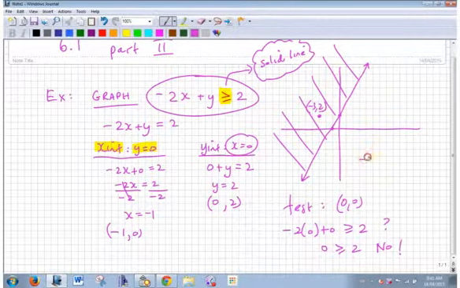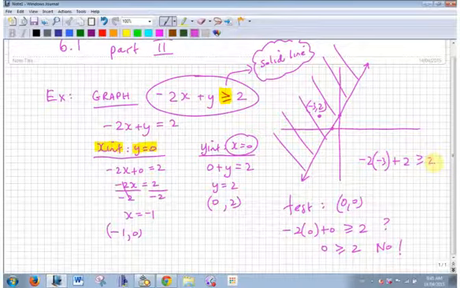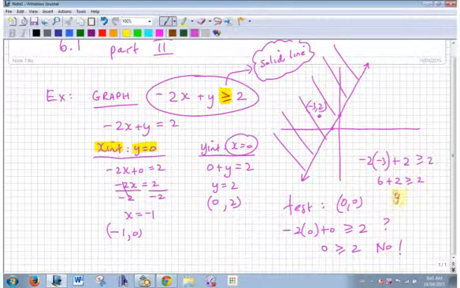So if I go -2 times x plus, what's y? 2, that had better be greater than or equal to 2. Is it? What's a negative times a negative? Yeah. Is 6 and 2 greater than or equal to 2? Yes. Bingo. It works. Okay? It's not a bad idea to double check. Just do another point.